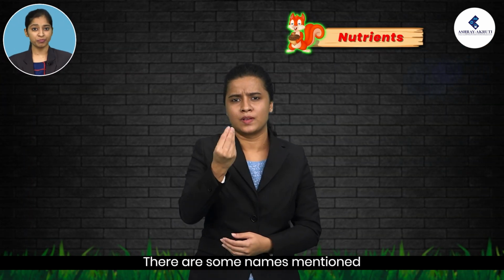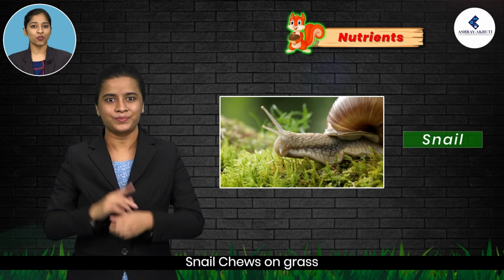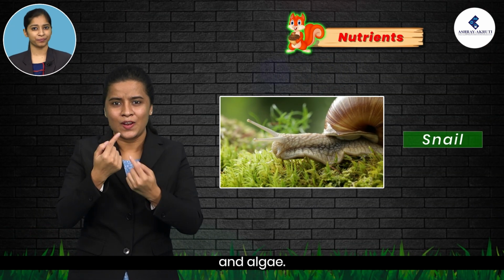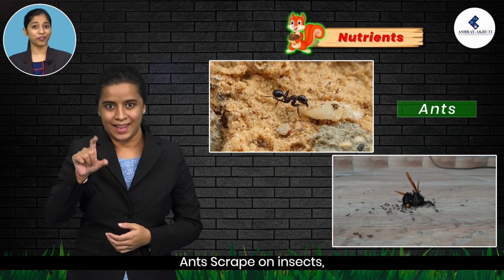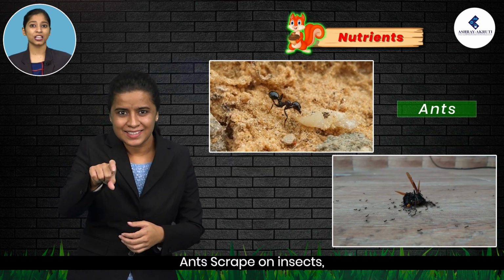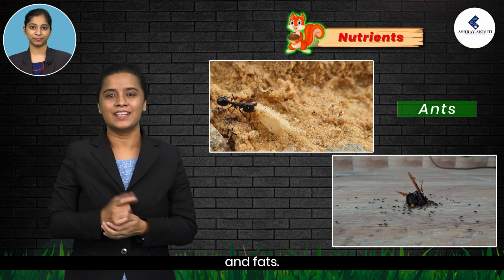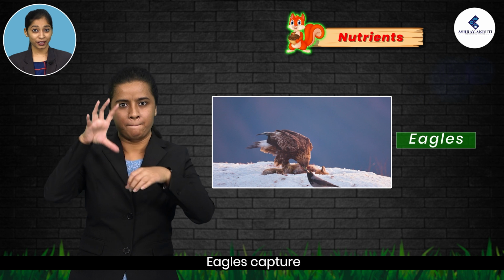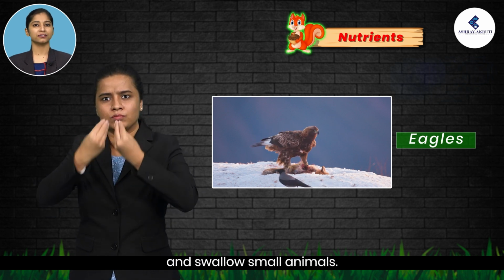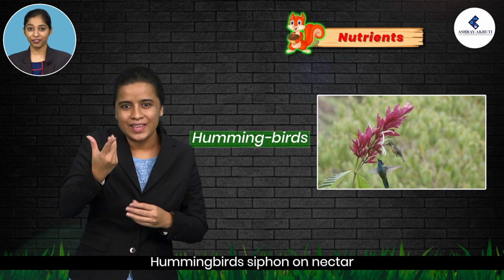There are some names mentioned for these eating habits. A snail chews on grass and algae, and scrapes on insects, sugars, proteins and fats. Eagles capture and swallow small animals. Hummingbirds siphon nectar from flowers.